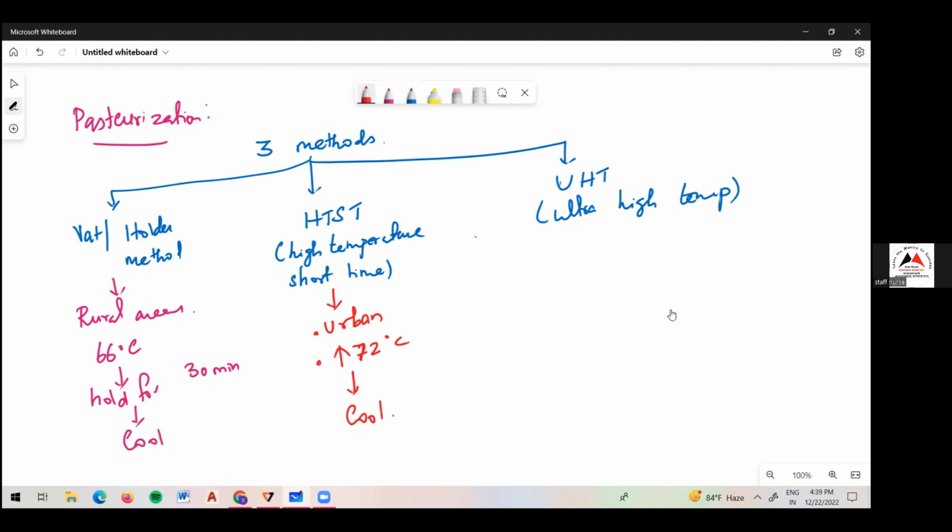Then the next method is called the UHT method. The UHT method goes to more than 125 degrees Celsius. A high temperature plus high pressure is given, then it is cooled down.